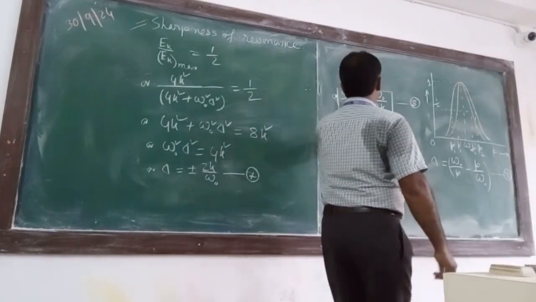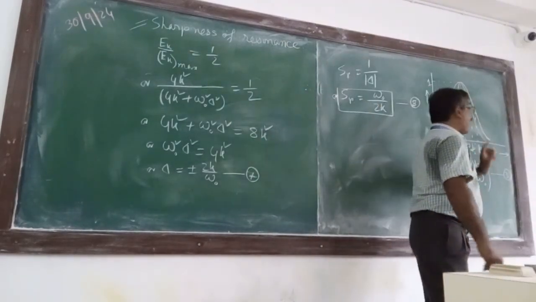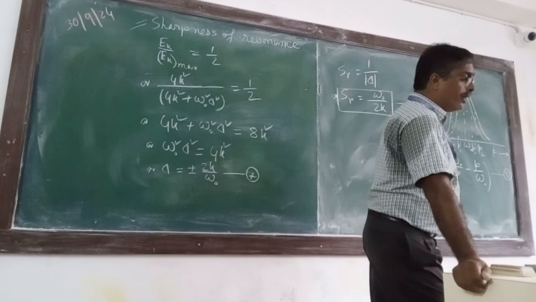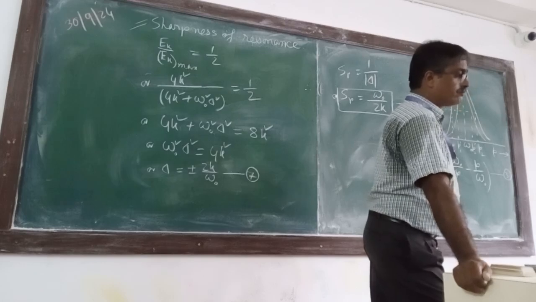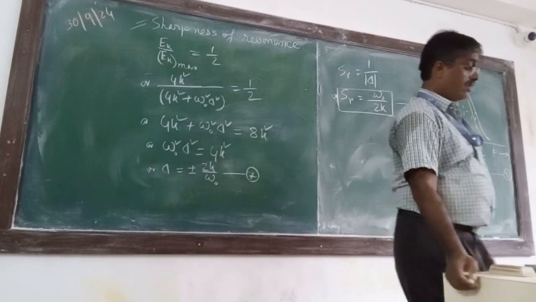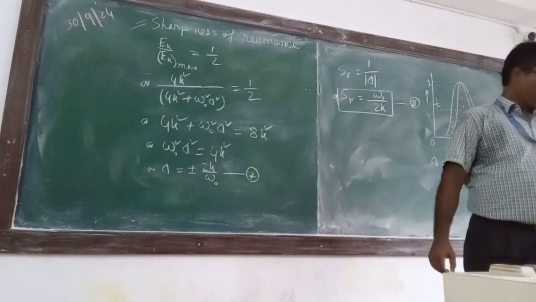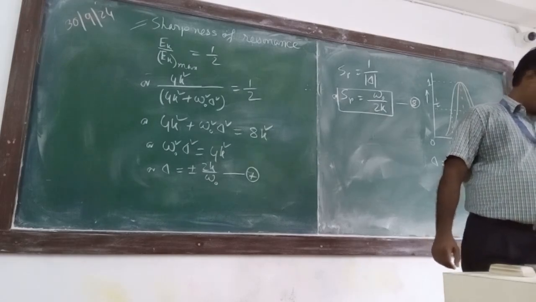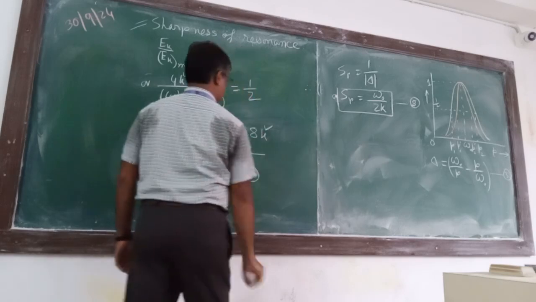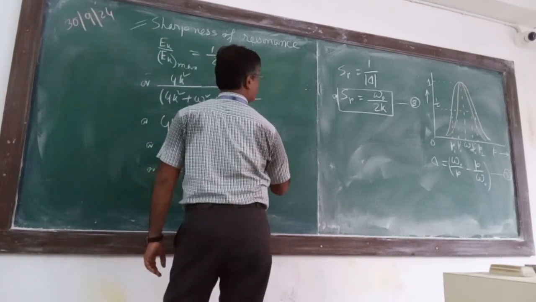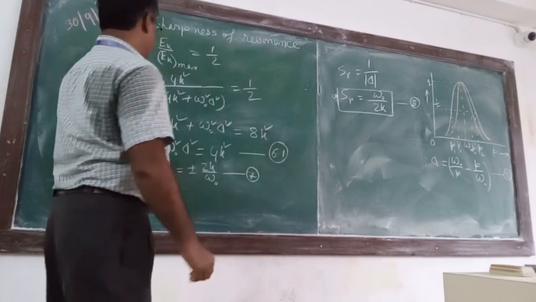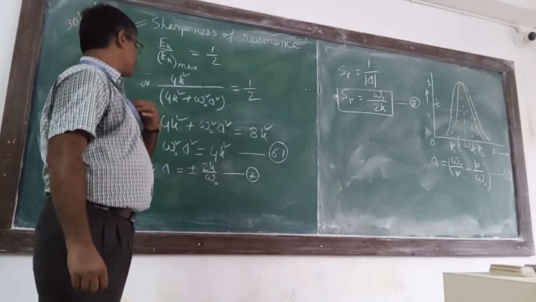Now we have to find out the value of 2k in terms of P2 and P1. Take the equation down there, this is 6.1. Omega naught square del square equals to 4k square.